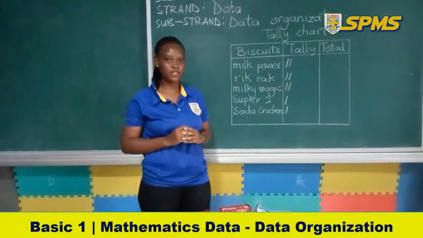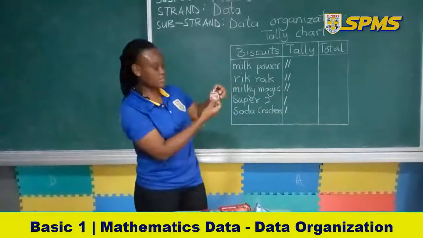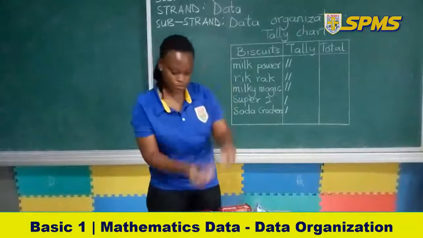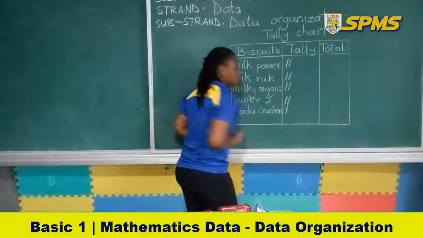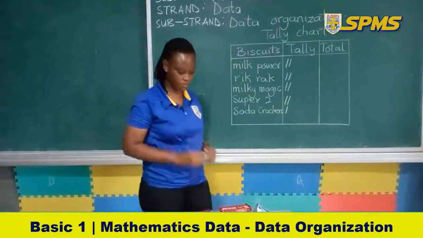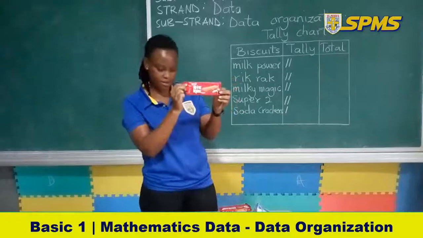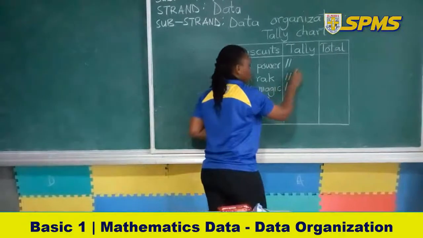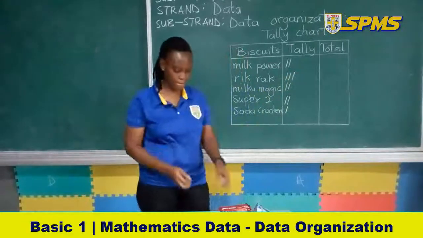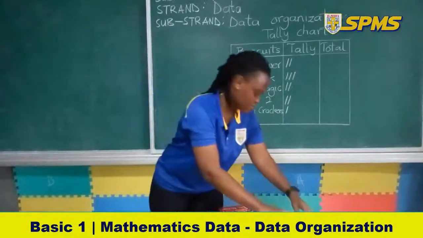I hope you are following it. Good. Our next biscuit is the Super 2. A stroke for Super 2. Our next one is the Rick Rack. So another stroke here. Soda crackers.